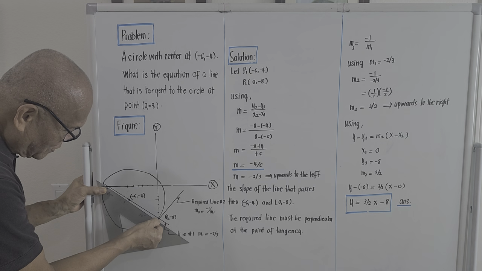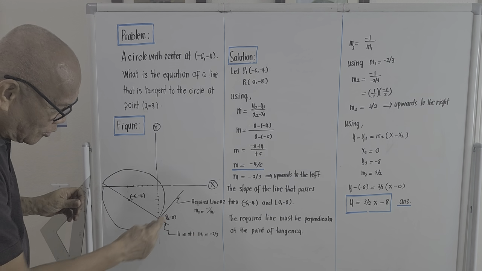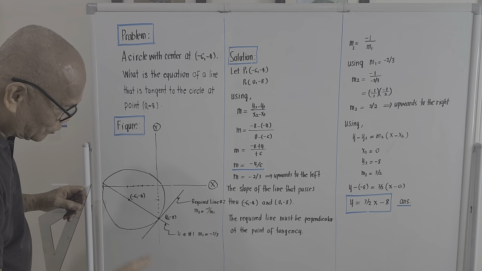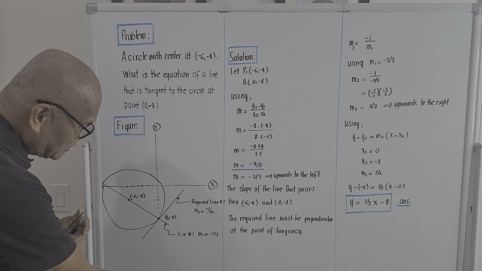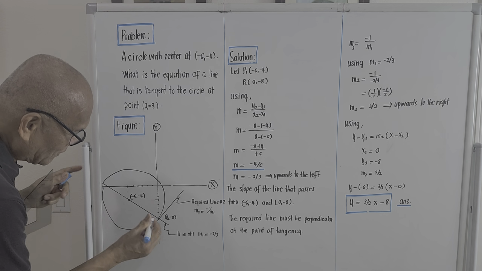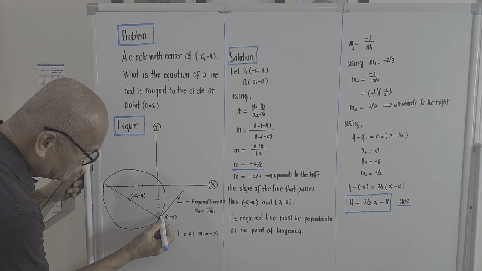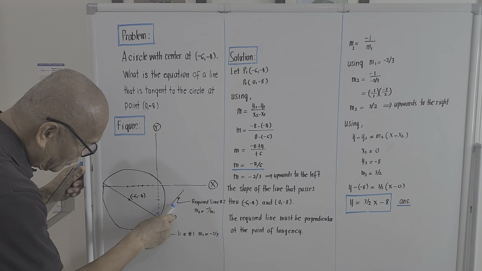Upon taking the slope of the line that passes through the center of the circle and the point of tangency, we can now determine the slope of the tangent line because there is a relationship between this line here and the tangent line. They are supposed to be perpendicular with respect to each other. The first line is perpendicular to the required tangent line.